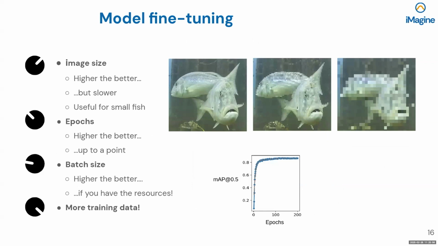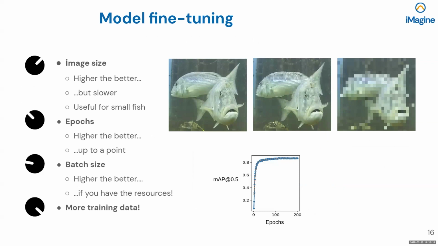Okay, now once you have a model trained and you want to fine-tune it to improve it, there are several things that can be done. First thing is to increase the image size, because it means image quality. We have here the same image in different resolutions.